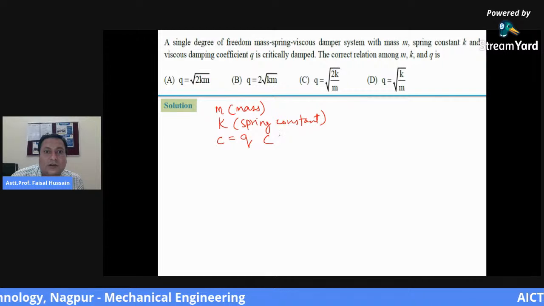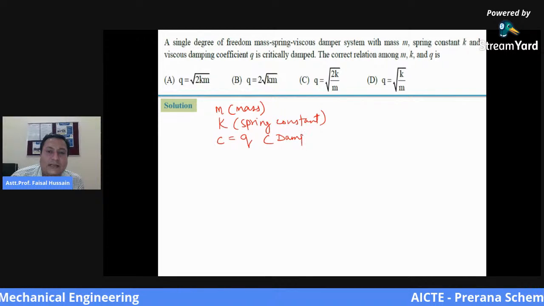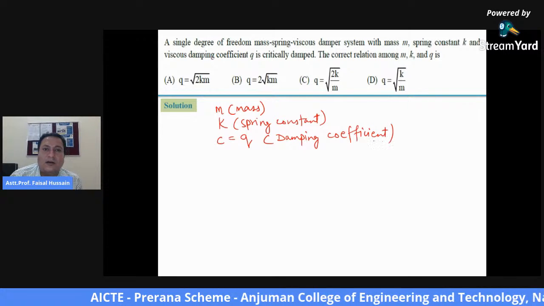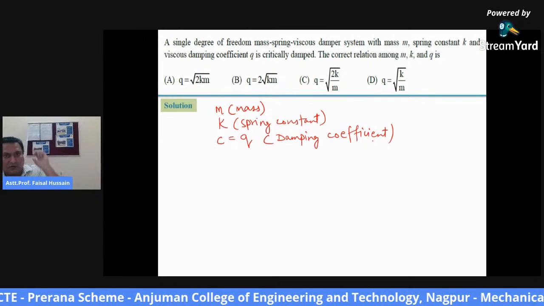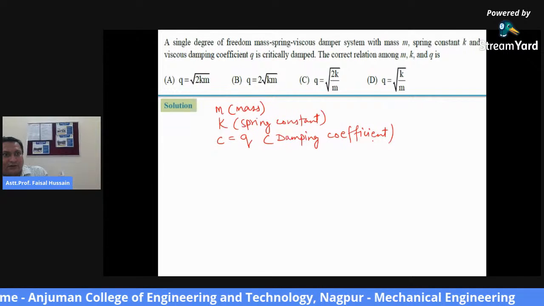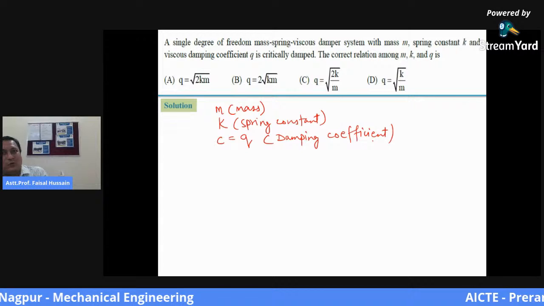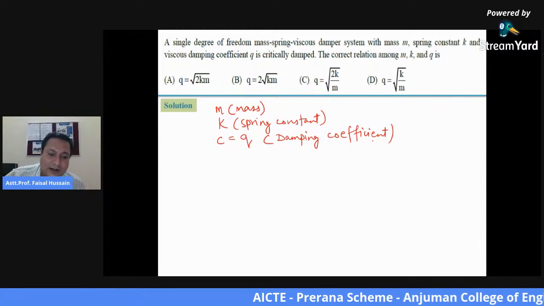Okay, this is your damping coefficient, so C is replaced by q. And we have to determine what? We have to determine, out of 4 options, whether the damping coefficient is root 2 km, or 2 root km, or root 2k by m, or q equal to root k by m. So this we have to determine.